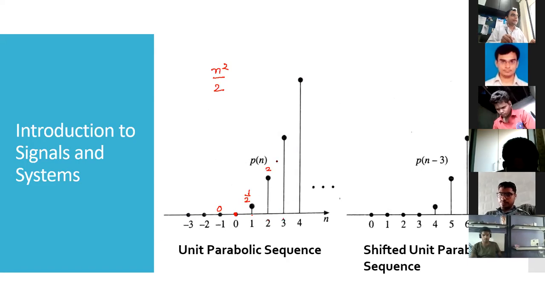For 3, it is 3 square by 2. Okay? So it's 9 by 2. For 4, it is 4 square by 2, so it is 16 by 2, which means 8. And that way it will keep on rising. Understood?